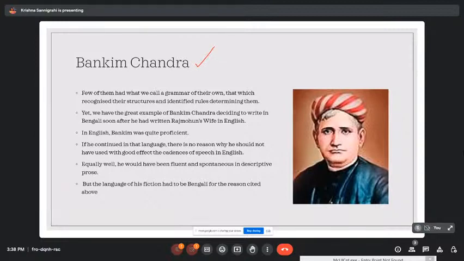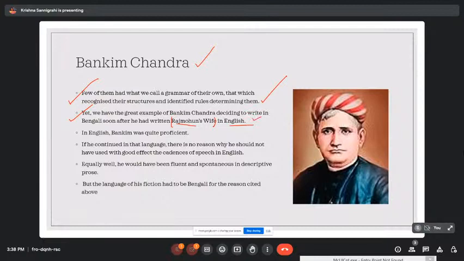A few of them had what we call a grammar of their own, which recognized their structures and identified rules determining them. So we are talking about the Indian languages which were there. And yet we have the great example of Bankim Chandra deciding to write in Bengali soon after he had written Rajmohan's Wife in English. So the first novel written by Bankim Chandra, Rajmohan's Wife, was written in English.